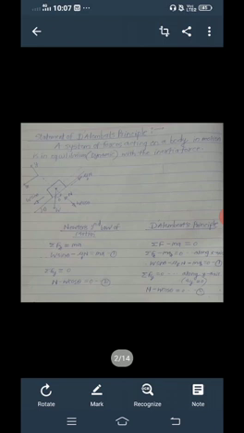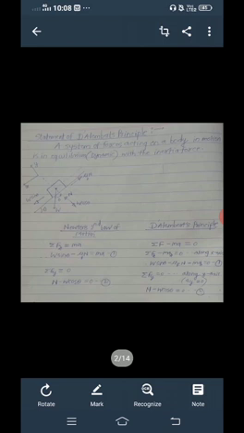So this is the statement of D'Alembert's principle. What is that statement? A system of forces acting on a body in motion is in equilibrium, that is dynamic equilibrium, with the inertia force.